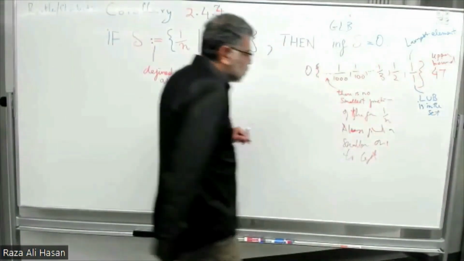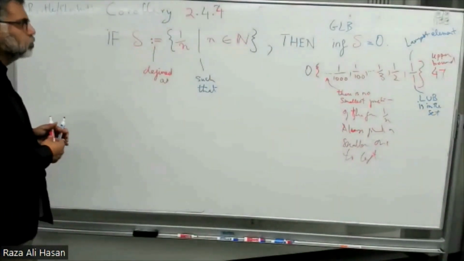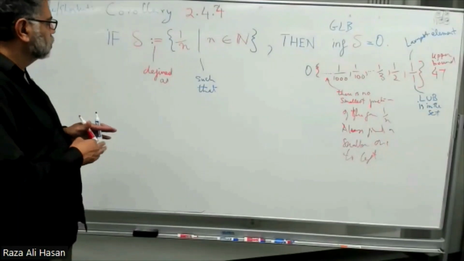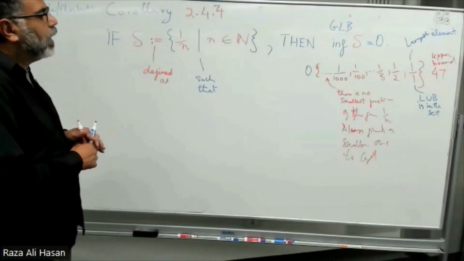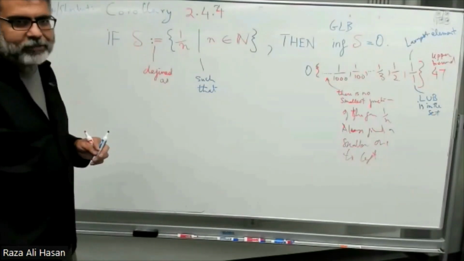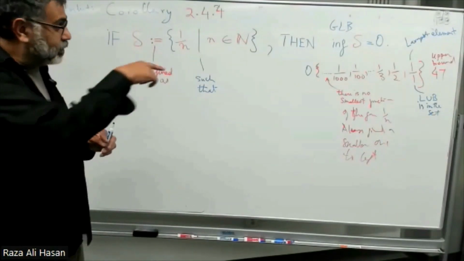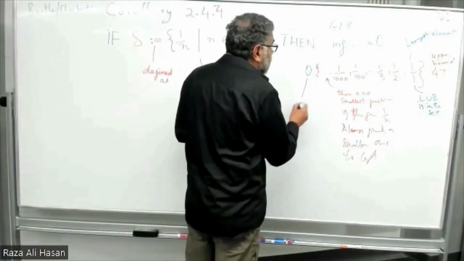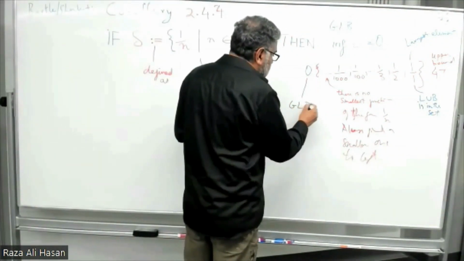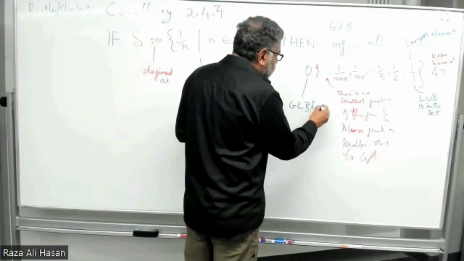Okay, so this is tying together what we just did. Here we just did, and then one of the earlier things that we did, where we said we can always make one smaller. When it's using the two things we just did. And then this is GLB. This is infimum.